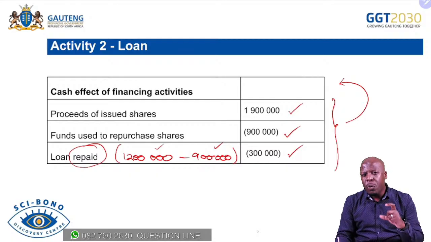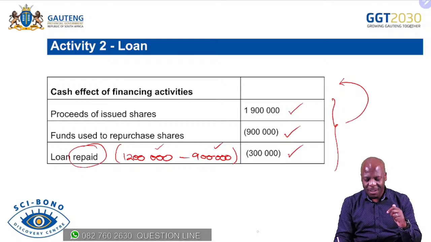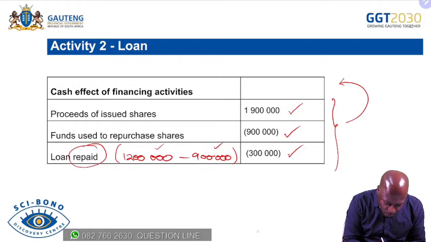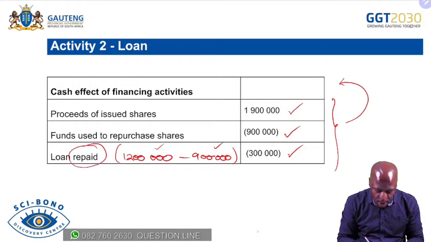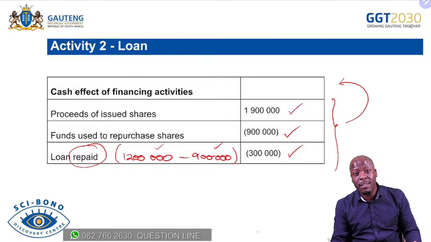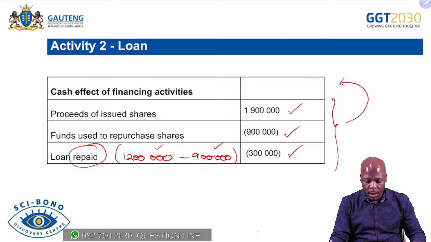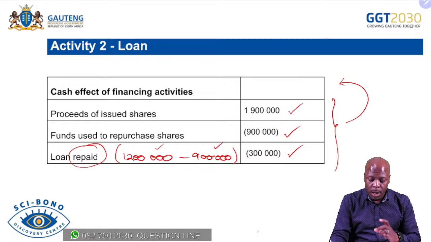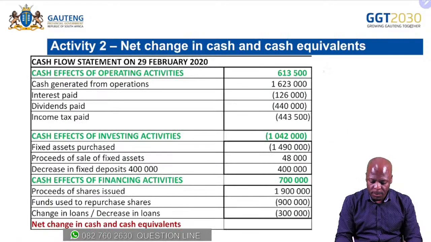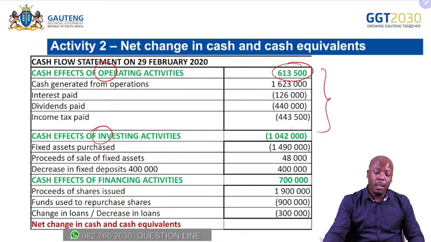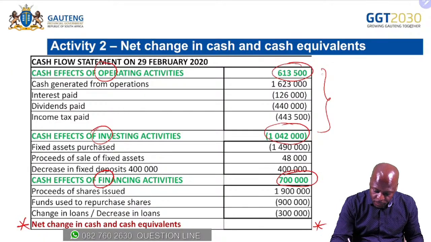Now, you will have your calculator, very important too. You will now say, I need to get what we call net change in cash and cash equivalents. How do I get that? Let's go. Punch in the green figures only. The green figures will give us the red figure at the bottom. So the first one is 613,500.